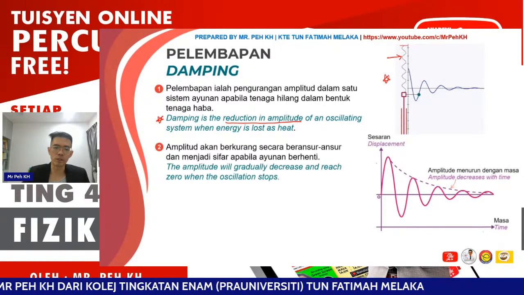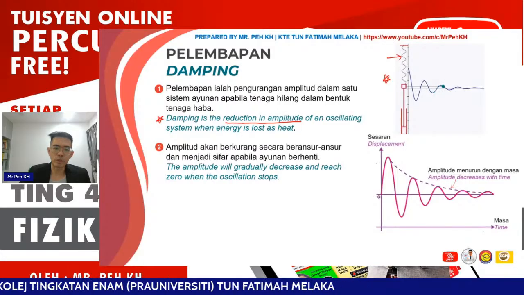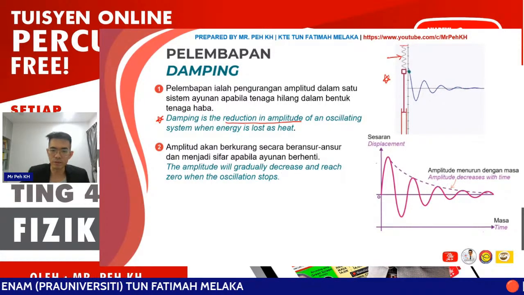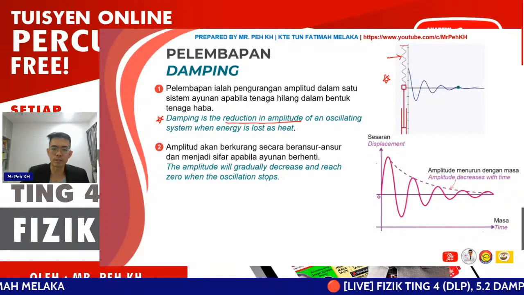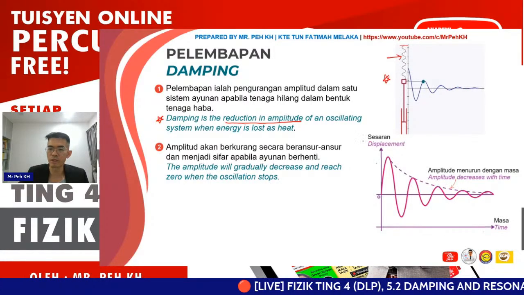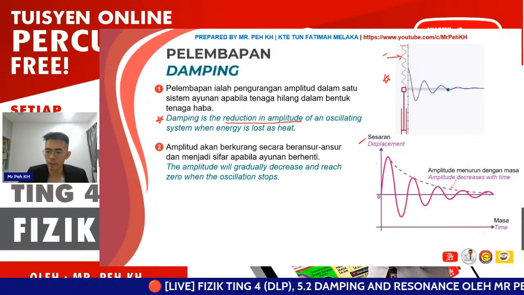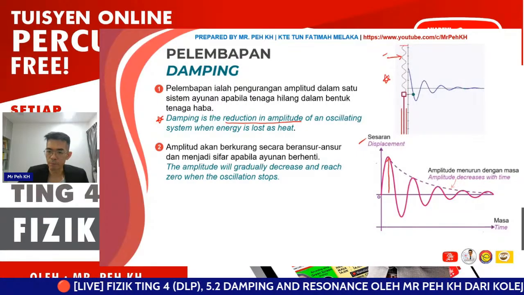Okay, here you can look at this graph. The amplitude will gradually decrease and reach zero when oscillation stops. This figure is quite similar to the top one. This is the first amplitude.